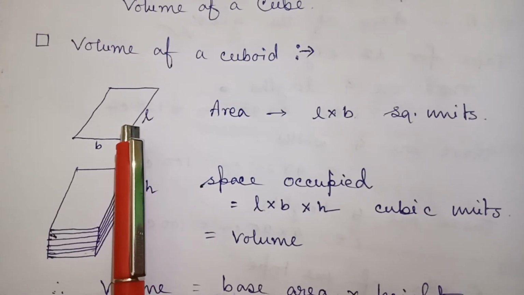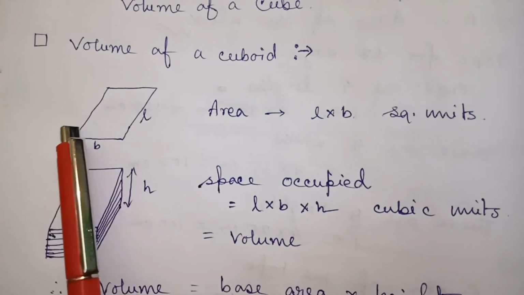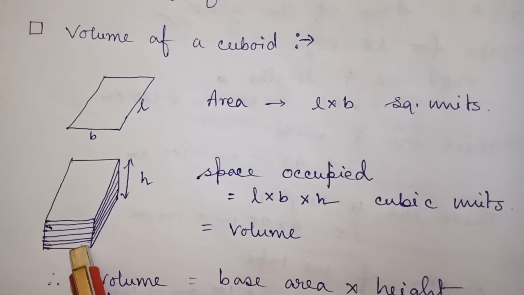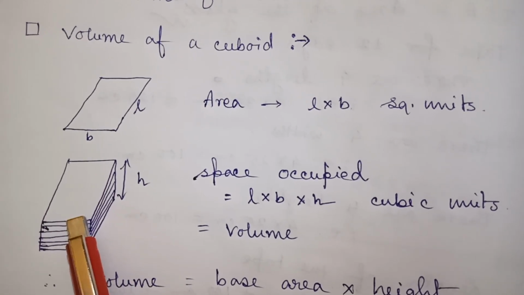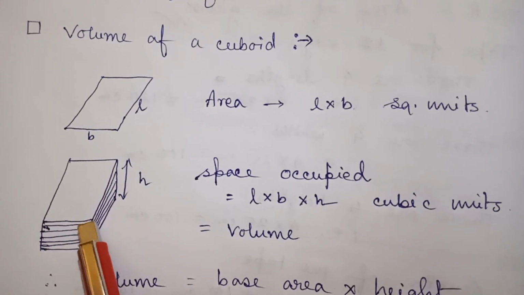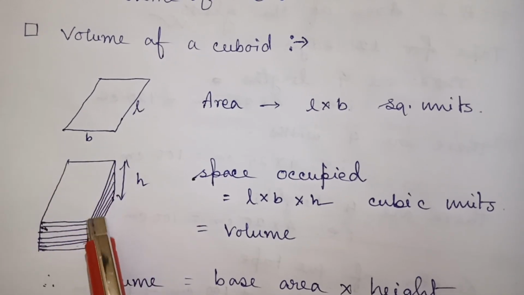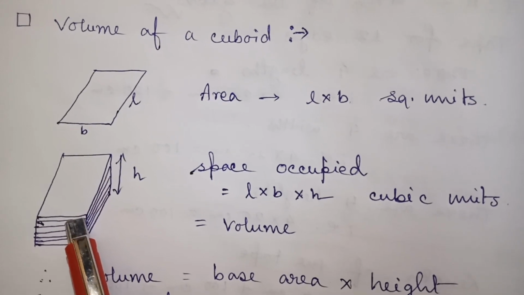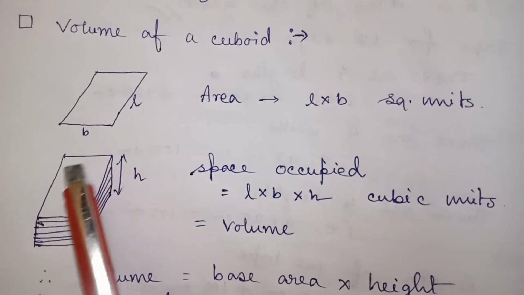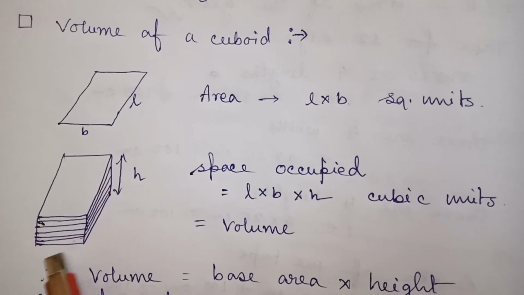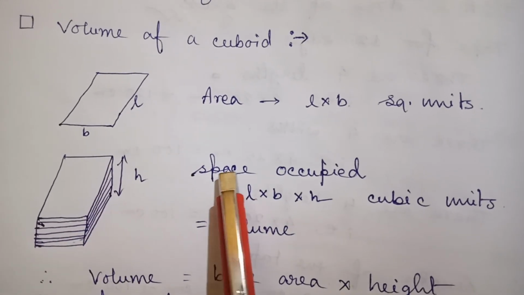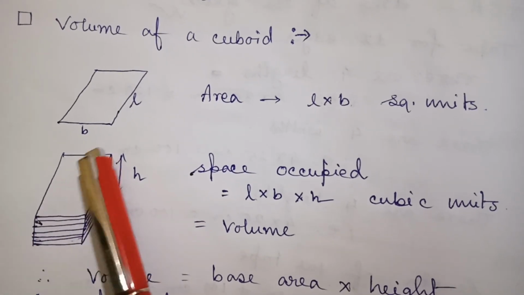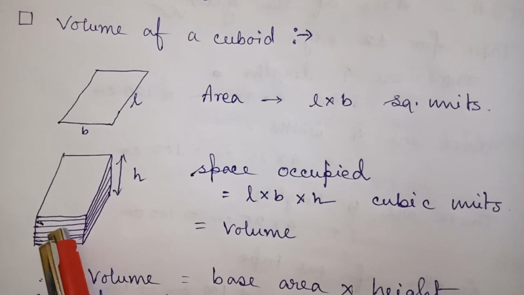Now coming to the next figure, you can see here. This kind of rectangular plate, suppose this is one plate, and we place many plates of the same measurements one on another, and we get a structure like this. This is obviously a three-dimensional structure. When we complete this structure, we get some space occupied. The space will be the portion inside this structure.